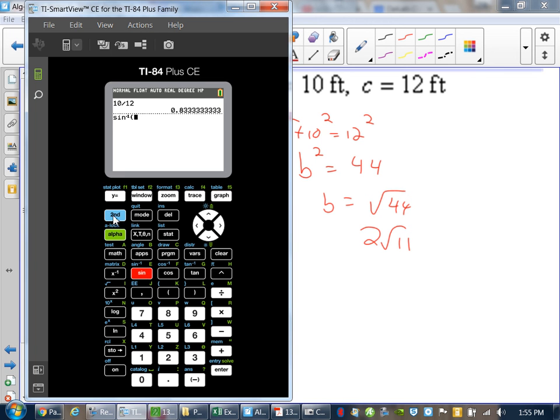Second sine of my answer and hit enter, and that'll get you my A. Use the answer button. Second sine's the inverse. Whenever you're finding an angle, you're using the inverse button, the -1. And then you just use the answer of what you just typed in. There's many different ways to do it. That's the quickest way to do it.